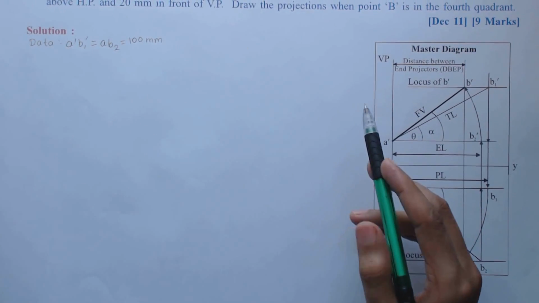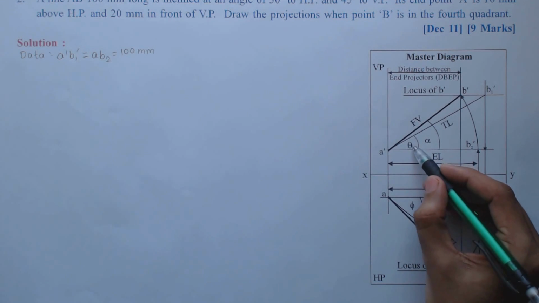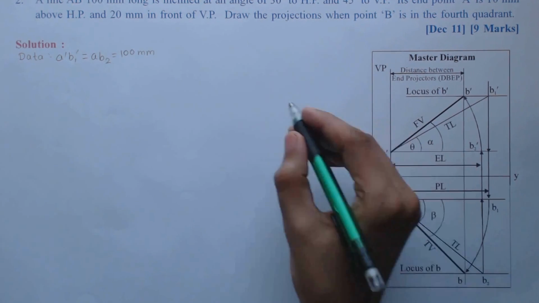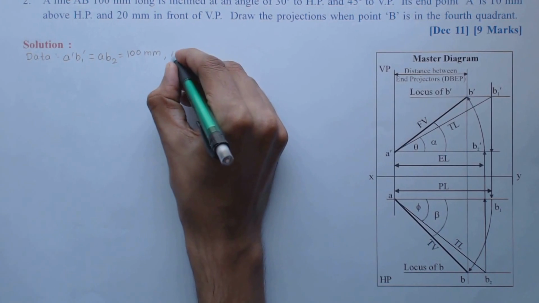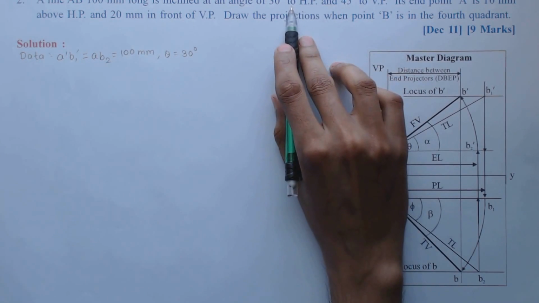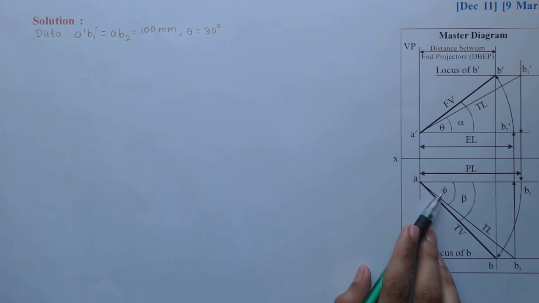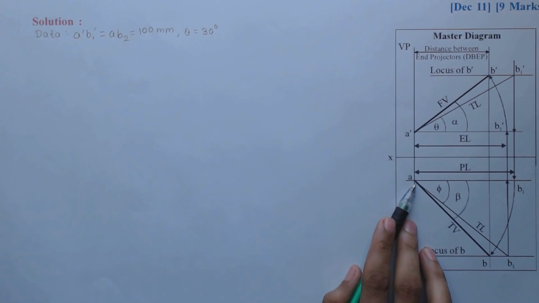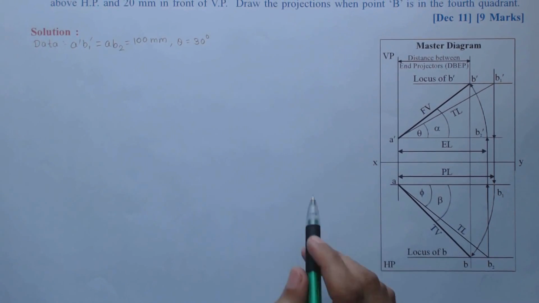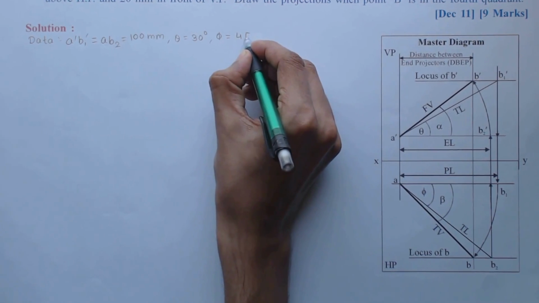That means the true inclination of the true length is given, that angle is theta from the master diagram. So I can write theta is equal to 30 degree and 45 degree to VP. That means from the master diagram I know the angle phi, which is the true inclination of the line with the VP. So I can write phi is equal to 45 degree.